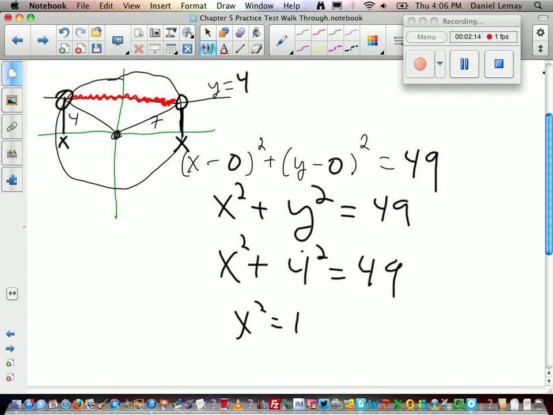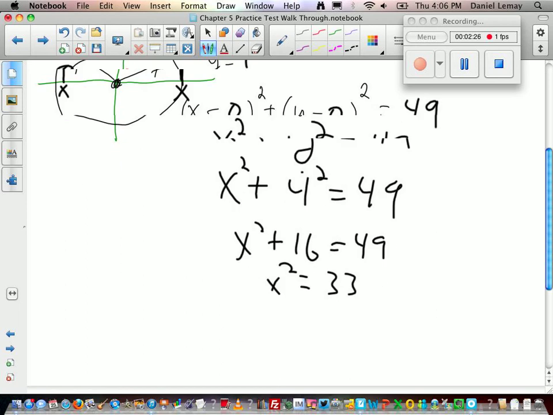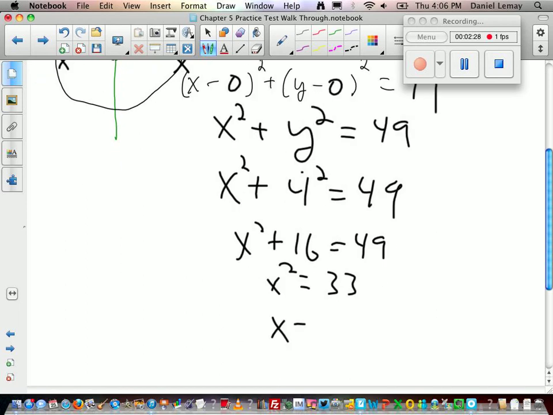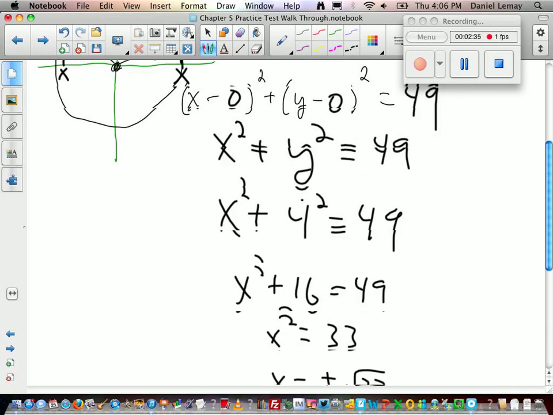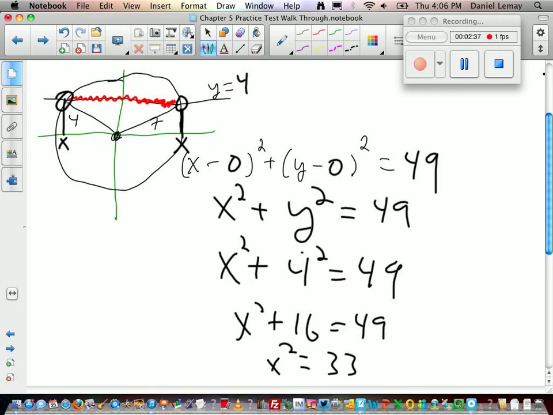So that's going to be x squared plus 16 equals 49, so x squared equals 33, because I'm going to subtract, and then I'm going to take the square root, and because I'm taking the square root, I've got to worry about plus or minus. And you can crunch that on the calculator, and I can look at this.